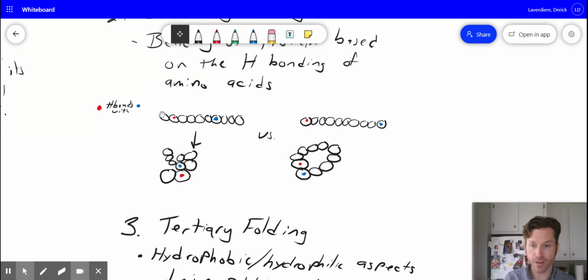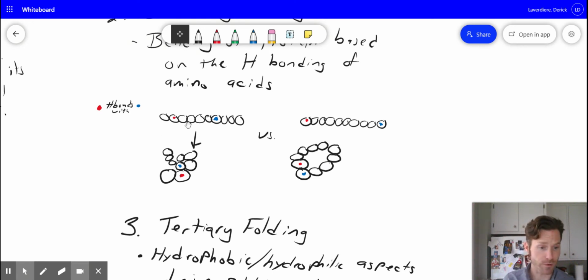Okay? In this first model, I put them in these positions. Right? And so when they bend up, they'll take on this shape. Okay? So same amino acids, just in different places. Okay? Takes on this shape, as opposed to if I put them in these positions, this protein might take on this shape. Okay? And so these hydrogen bonds are the secondary folding.